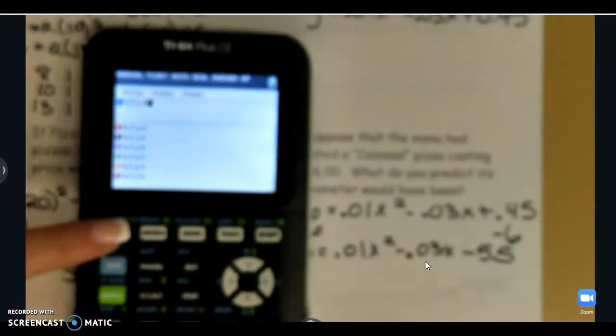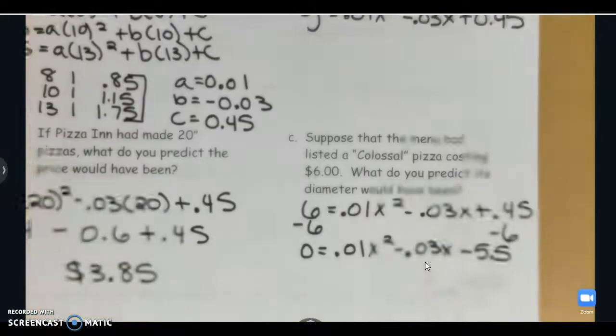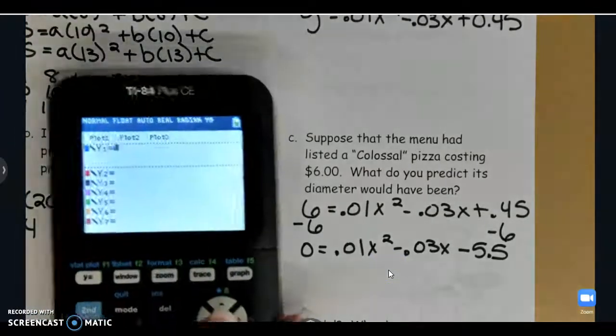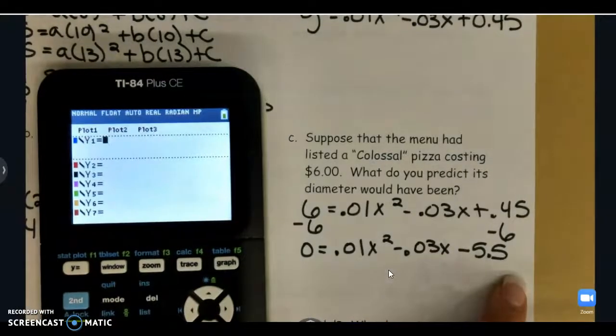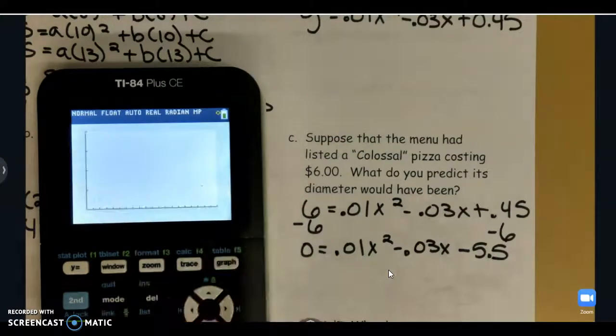So what you're going to do is go to your y equals. So go to y equals, and we're going to input this equation here. So 0.01x squared minus 0.03x minus 5.5. And then in y2, we're going to put 0.